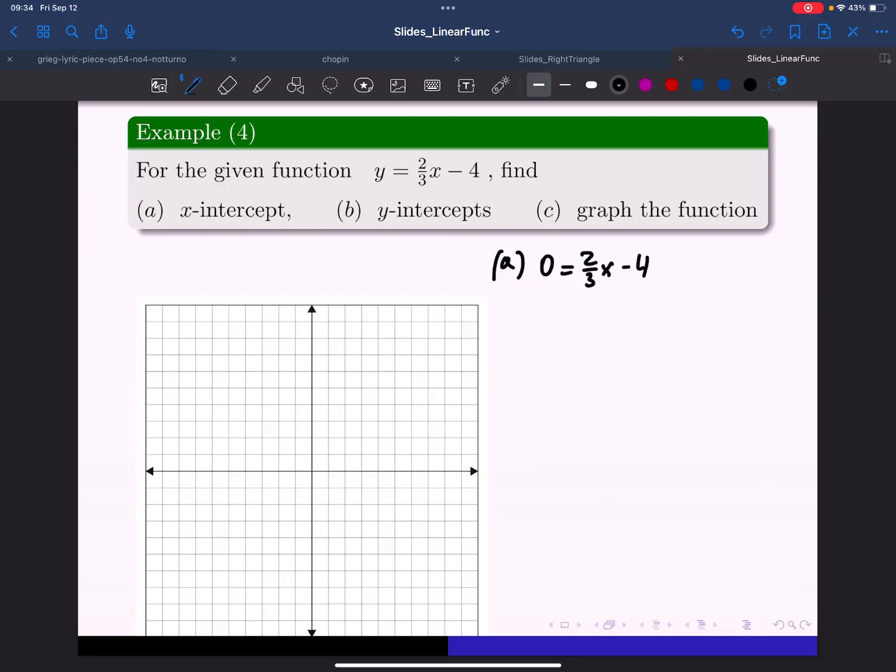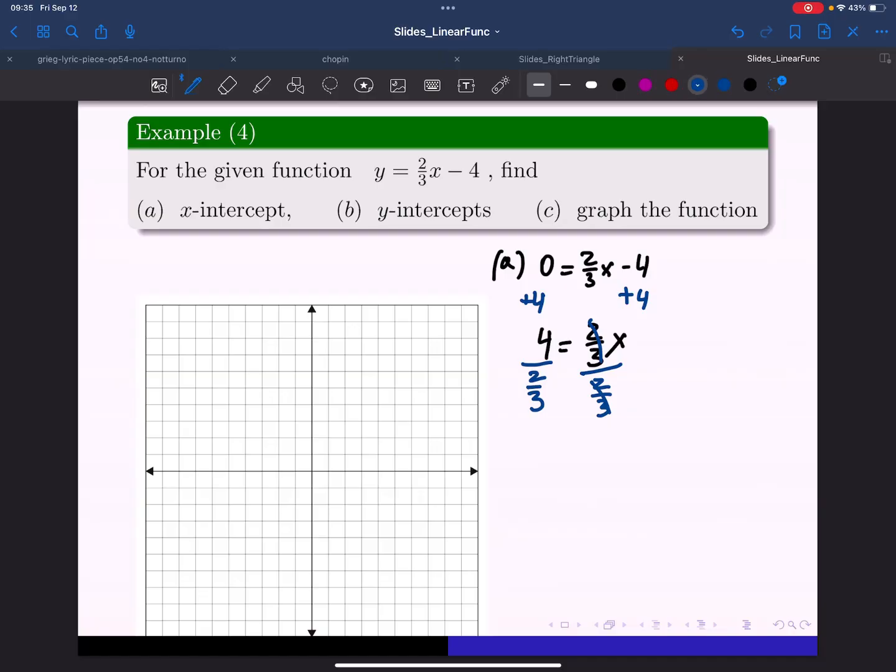So we add plus 4 on both sides. We have 4 is equal to 2/3 x. To solve for x, we need to divide by 2/3. We can either use a calculator or divide manually. Dividing by a fraction means multiplying by its reciprocal.